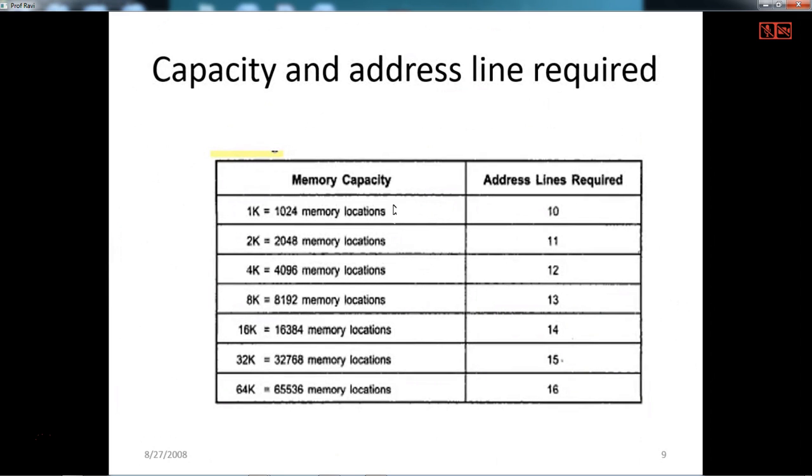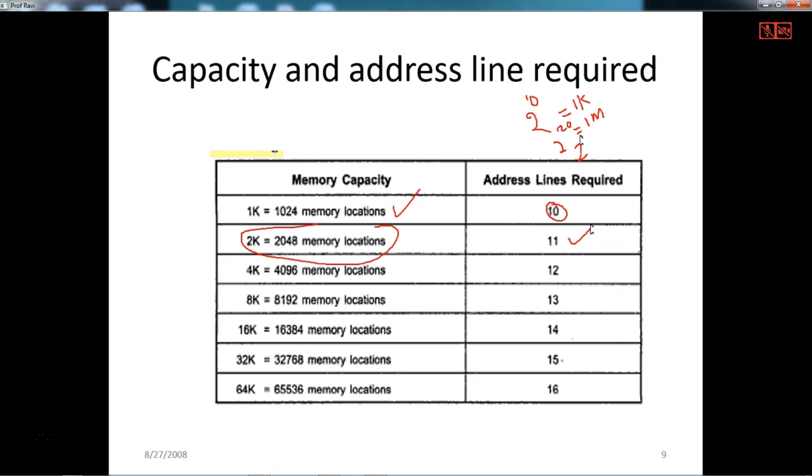If it is 1K memory locations, then you should have 10 address lines. If you have 2K memory locations, then you have 11. In the last class I told you, if you have 10 address lines, that is 1K, and if you have 20 address lines, that is 1 MB, 1 megabyte locations.